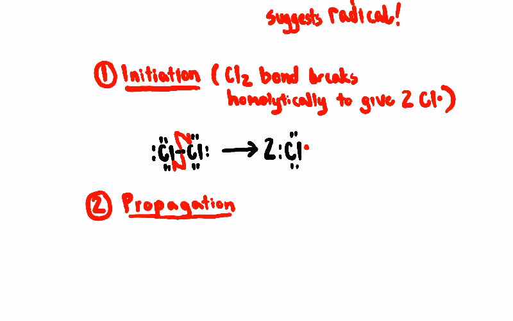So we're going to see that coming into play with this propagation step, where we're going to use the chlorine radical to abstract a hydrogen via a radical, by breaking a CH bond.